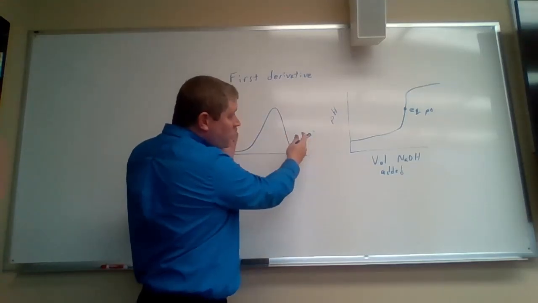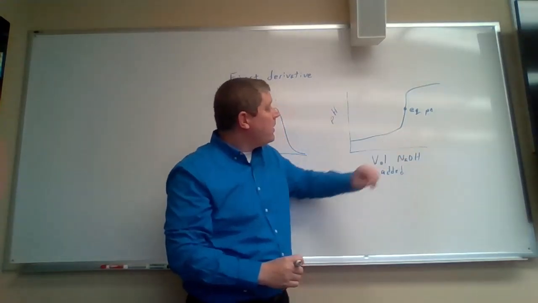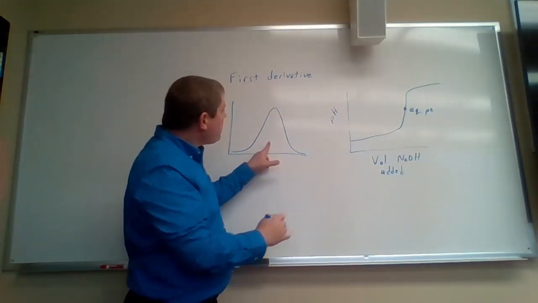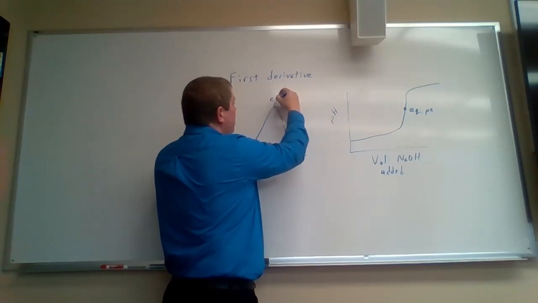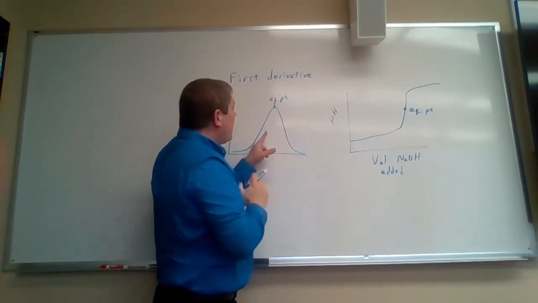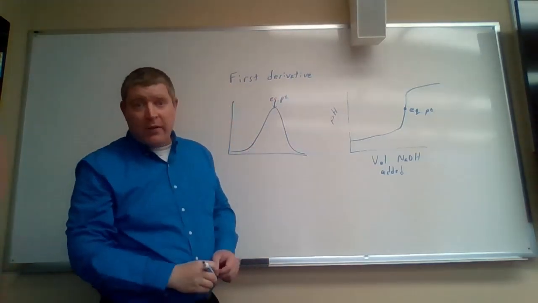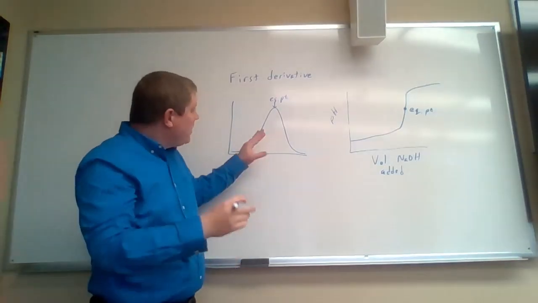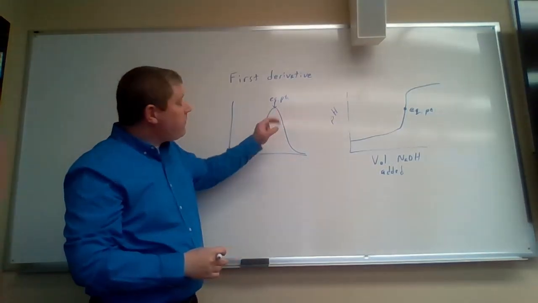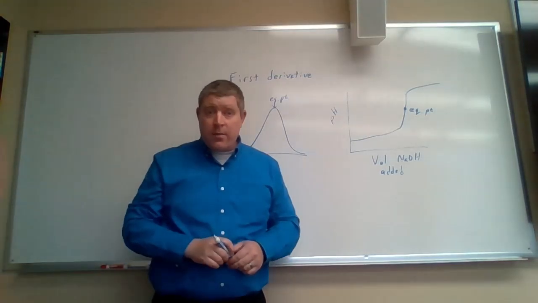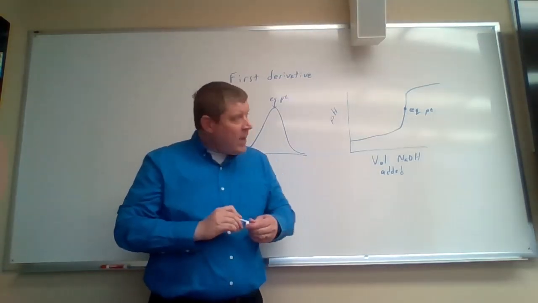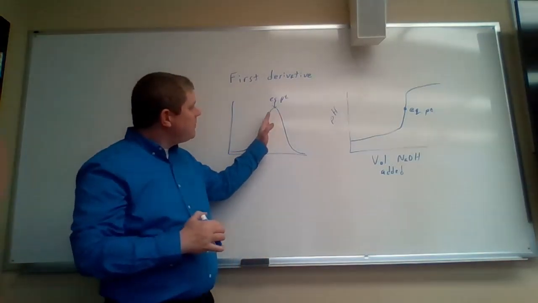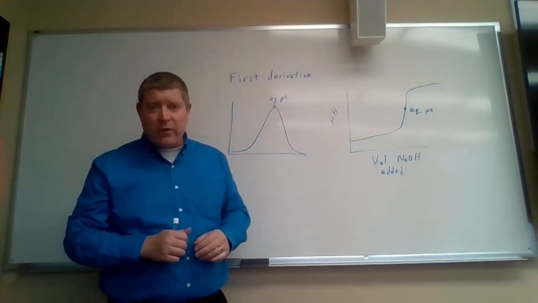I've made this much wider than it really would be for this graph. But the equivalence point is then the peak there on the first derivative plot. And so, okay, we can relatively easily identify what is the maximum value in there, but we may have some noise in there.